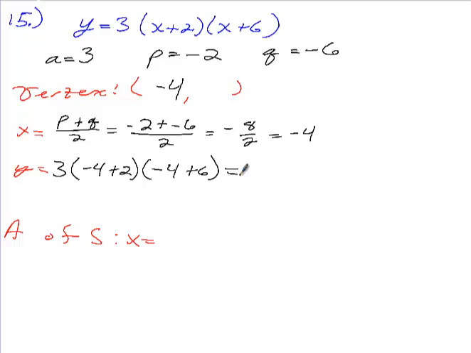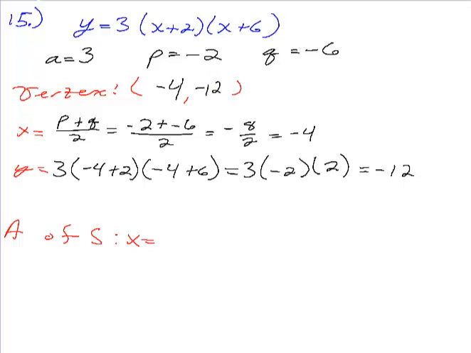And then I follow my order of operations, which says I have to do what's inside the parentheses first. So what is negative 4 plus 2? And negative 4 plus 6? Positive 2, right? What's 3 times negative 2? Negative 6 times 2? Negative 12. So I get negative 12 for my y-coordinate.